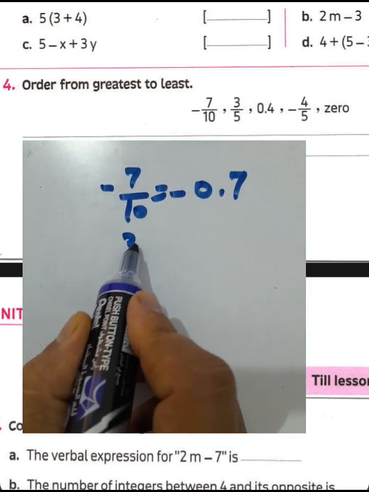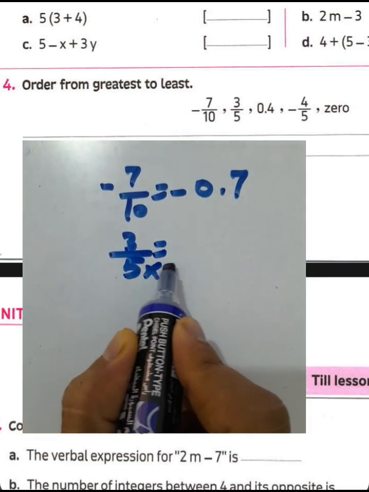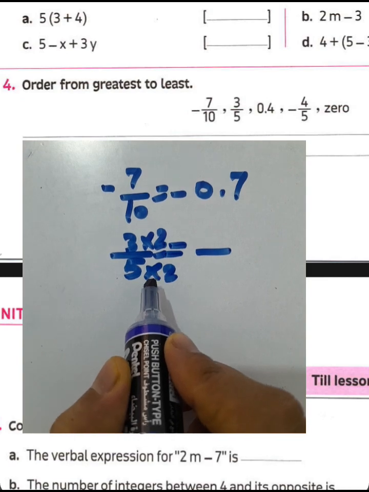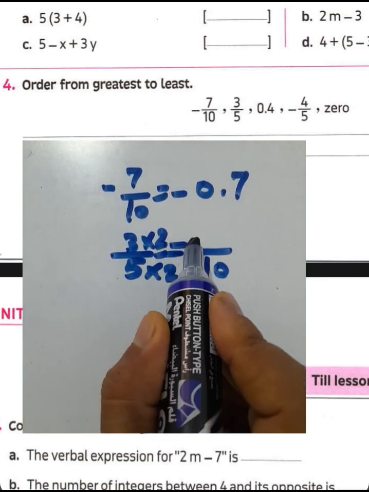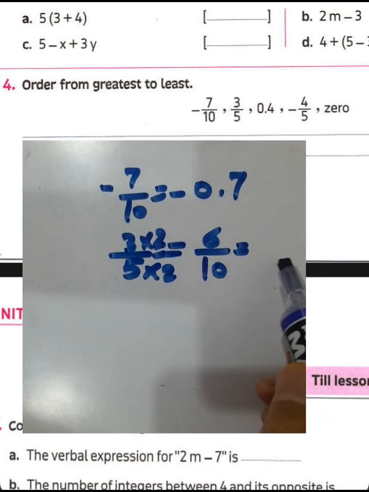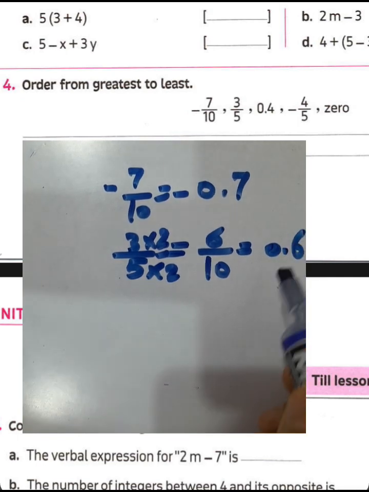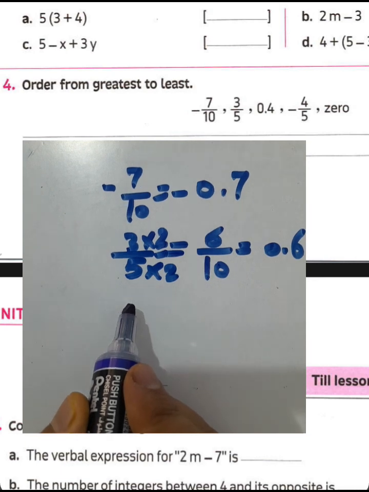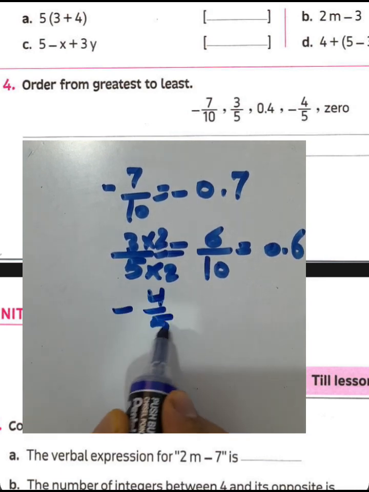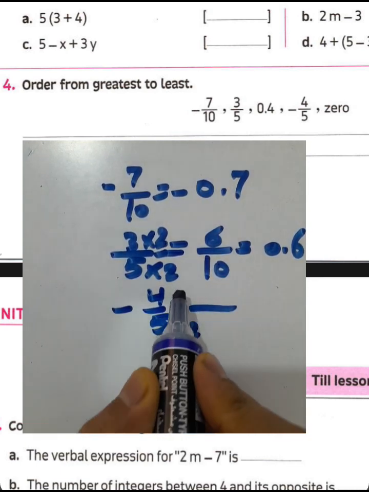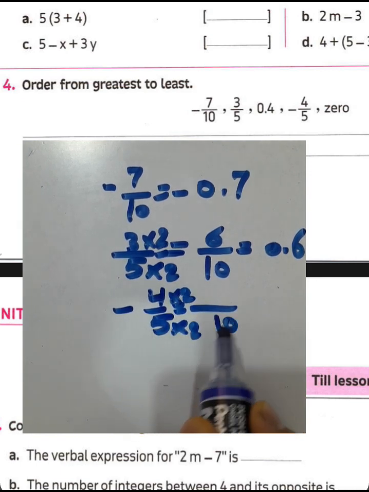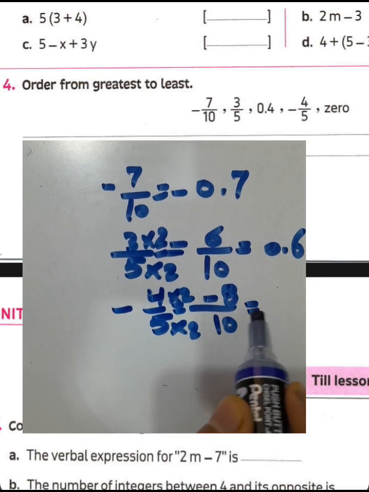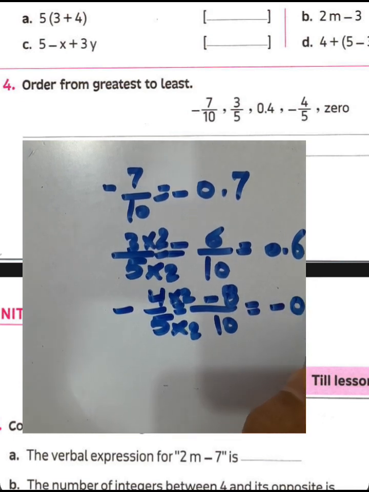And 3 over 5 we can convert by multiplying numerator and denominator by 2, because 2 times 5 equals 10 and 2 times 3 equals 6, the result will be 0.6. And negative 4 over 5, multiply numerator and denominator by 2: 2 times 5 equals 10 and 2 times 4 equals 8, and write negative. The result will be negative 0.8.